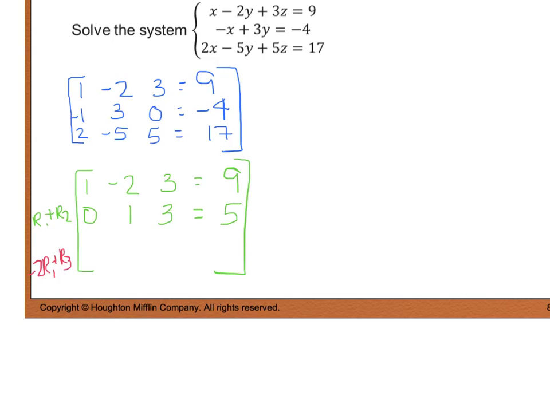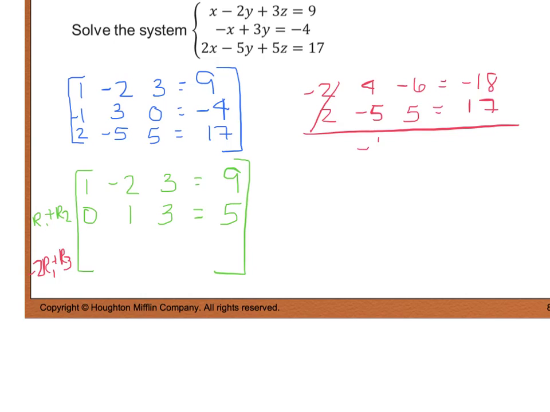Multiplying my first row by negative 2 gives me negative 2, then a positive 4 and a negative 6, and that gives me negative 18. I'm going to add that to R3, which was already 2, negative 5, 5, and 17. When I add these together, the first terms cancel. I end up with a negative 1, negative 1, and negative 1.